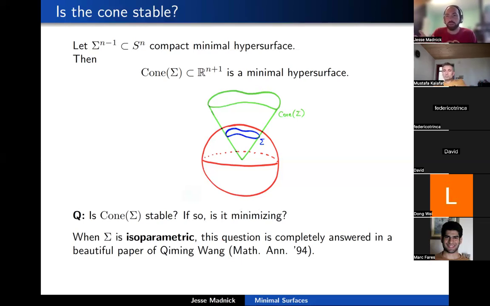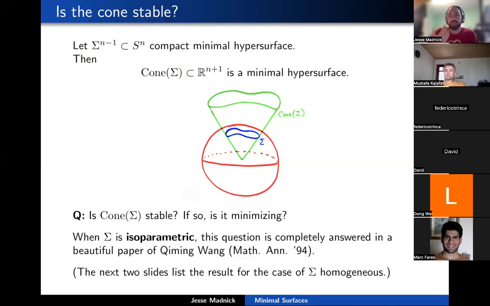We know exactly which isoparametric sigma have the property that the cone is stable, unstable, or minimizing. This is addressed in a very beautiful paper of Qiming Wang that I'd like to advertise. This paper has, I think, not been as widely read as it ought to be. I believe this paper was published posthumously. Qiming Wang died rather suddenly in a tragic circumstance, and this paper was published after he passed.